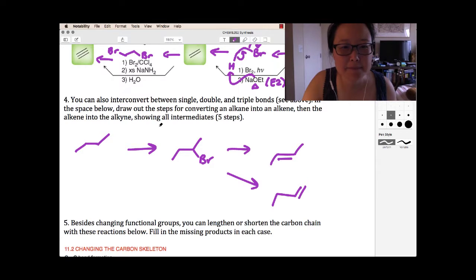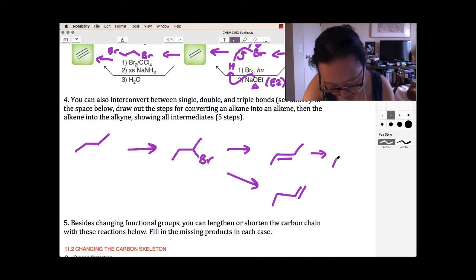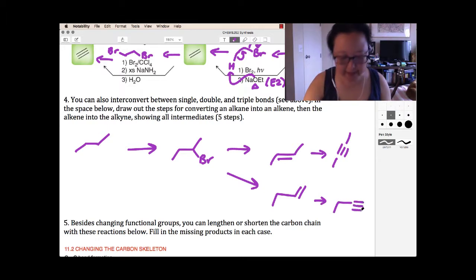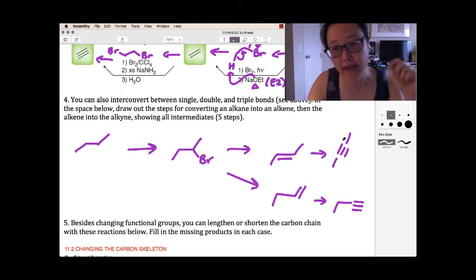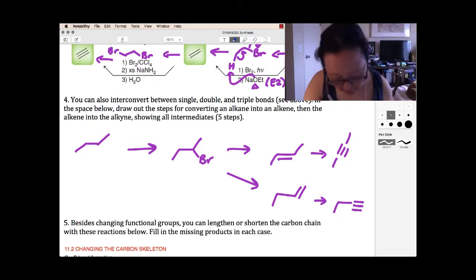So also an alkene into an alkyne. If I want to turn these into an alkyne, and I'm making it straight because it's linear. So 1, 2, 3. Okay, so think about each of these steps, and this kind of training is going to really help you to jump back and forth. And you also want to think about, how do I go backwards? So, maybe in a different color, think about, okay, how would I go to here?